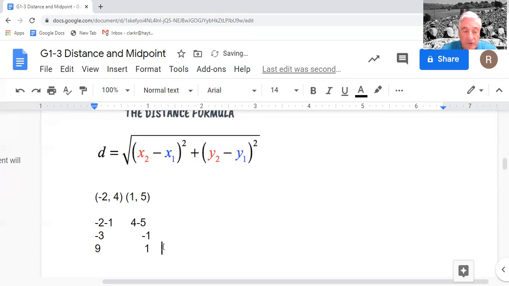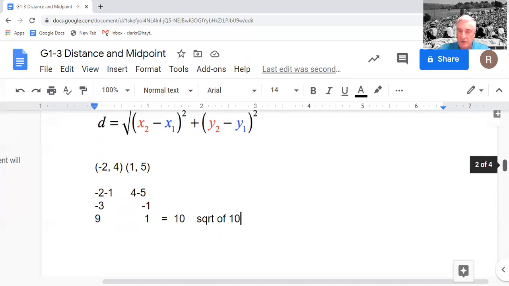So our answer is the square root of 10. And once again, the square root of 4 might be 2 and the square root of 1 might be 1. The square root of 10 is 3 point something. So you can leave that alone. If you have a calculator and want to give me the first two digits, that's fine. Now that's how you use the distance formula.